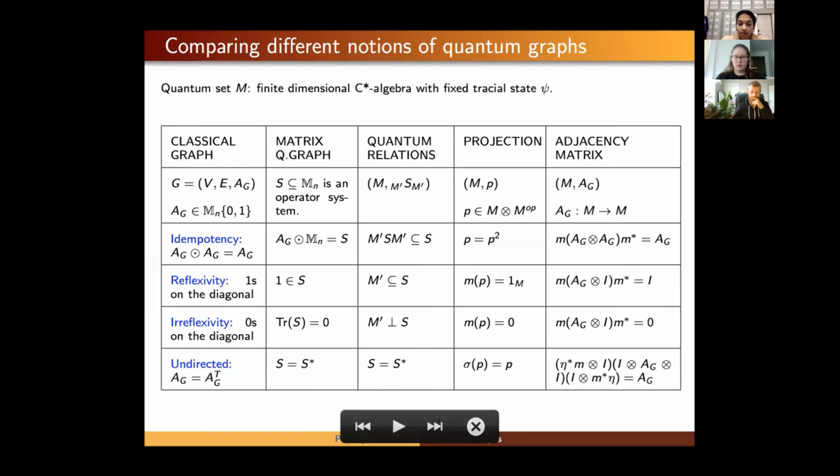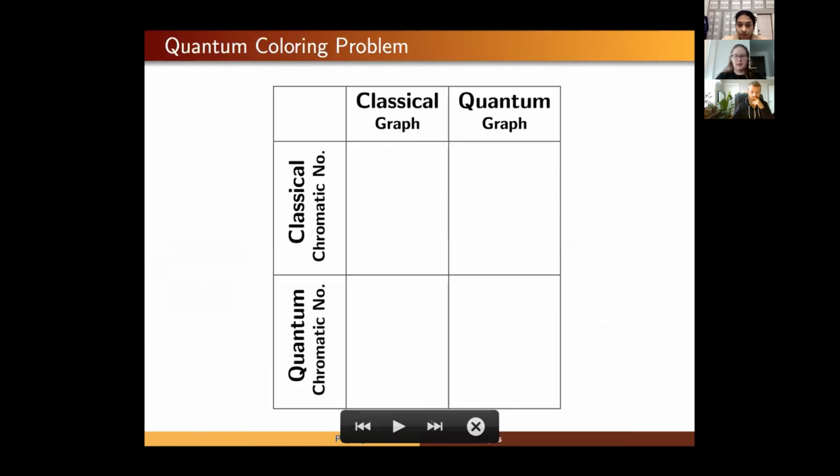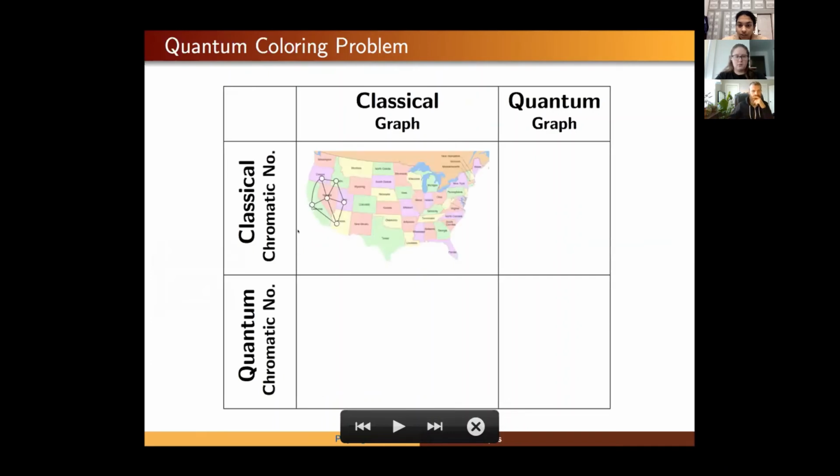Now, what I'm interested in doing is studying coloring of a quantum graph and its chromatic numbers. So here is the quantum graph coloring problem. For a classical graph, you know what a classical chromatic number is.